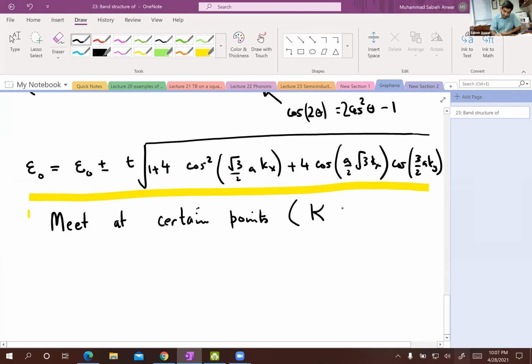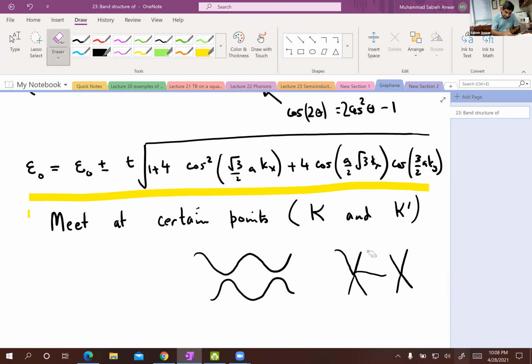Let's call them capital K and K prime. So if you look at the dispersion relationship, first of all, let me draw these bands. I have a two-dimensional pattern and I could just stretch them out, and the bands are going to meet at certain points. This is just a 1D cutaway from a two-dimensional pattern. These bands are going to meet at certain points.